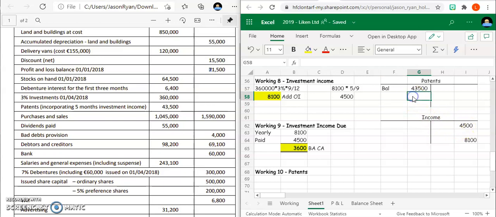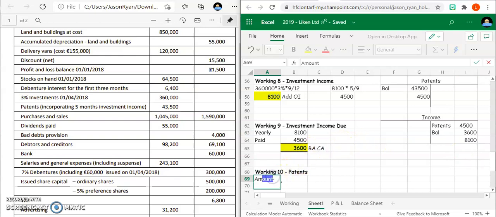We're going to debit our patents 4,500. So that's why we add our patents on, because income is on the credit side. So 4,500 should be on the credit side. So to take it out with patents, the double entry is credit your income, debit your patents. So that 4,500 is going to come from our patents. And then our balance is this 3,600 that we put into our balance sheet as a current asset.